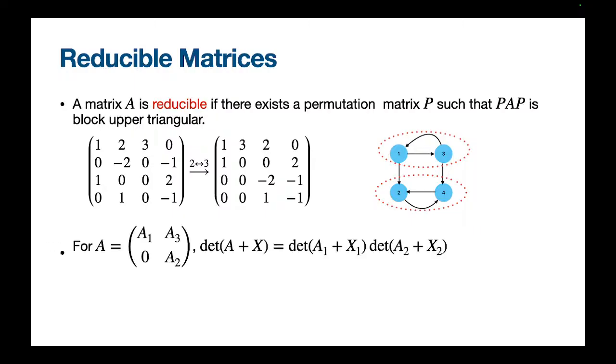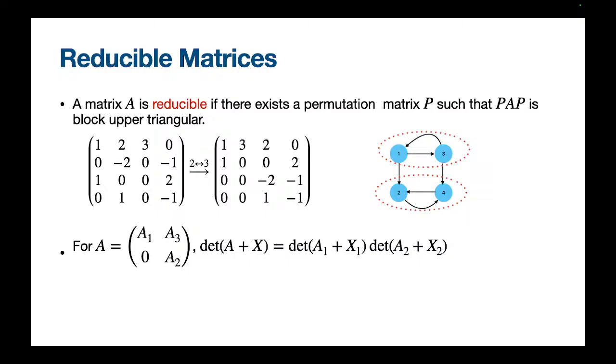For this kind of matrices, like we said, it can be written in this block upper triangular form. If we see its symbolic determinant, then it factorizes into 2 parts of similar forms.